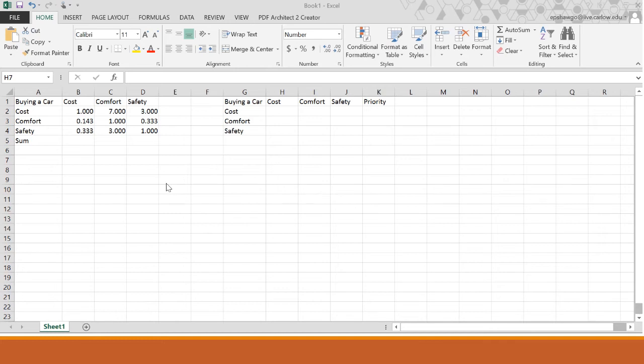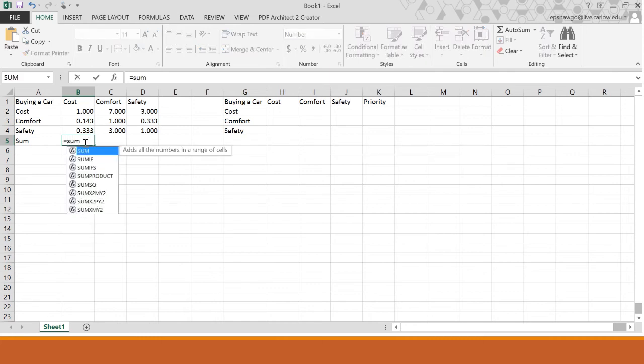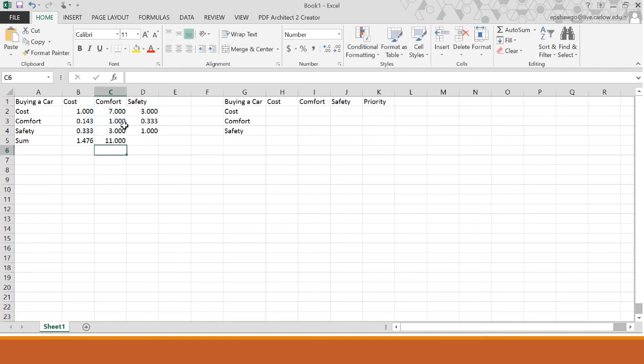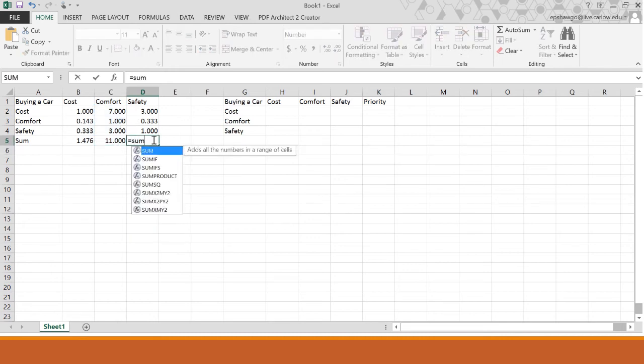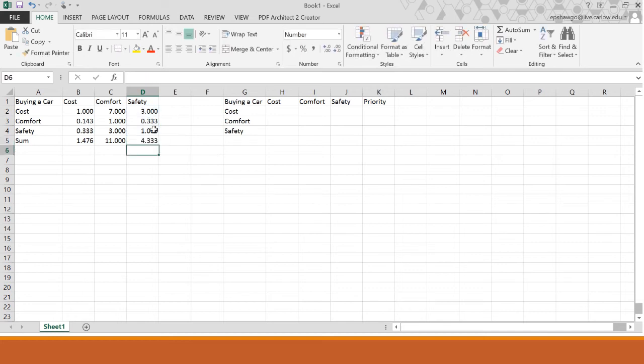The approximate method requires the normalization of the comparison matrix, which means we add the values in each column using the sum formula in Excel. And then we divide each cell by the total of the column, which I'm going to do over to the side here.